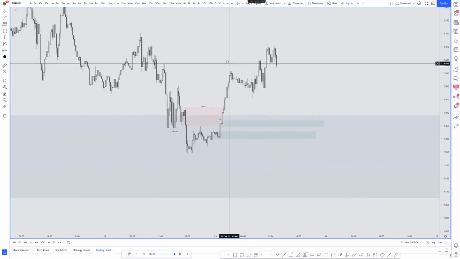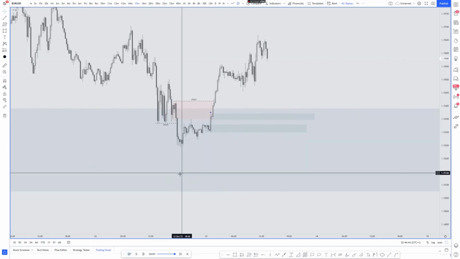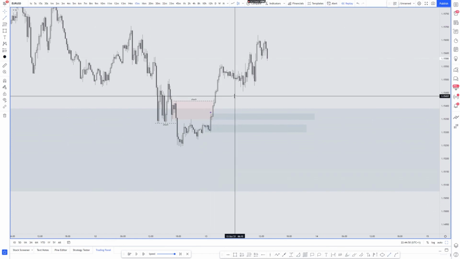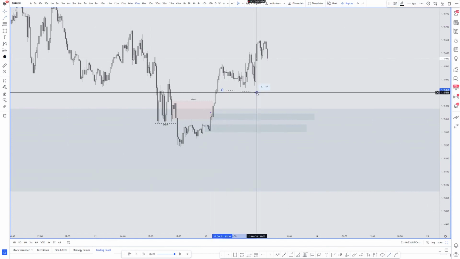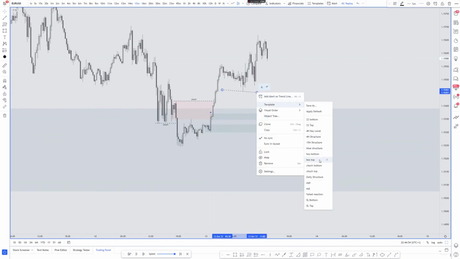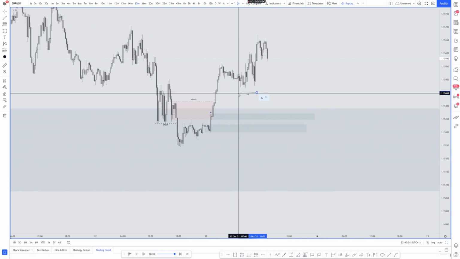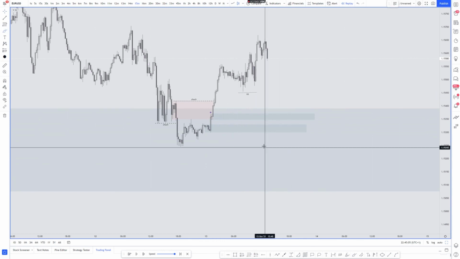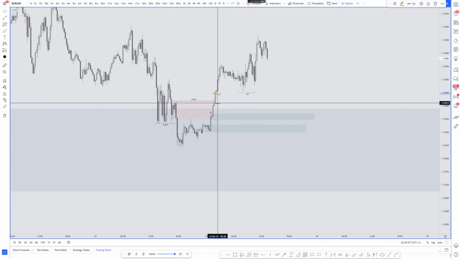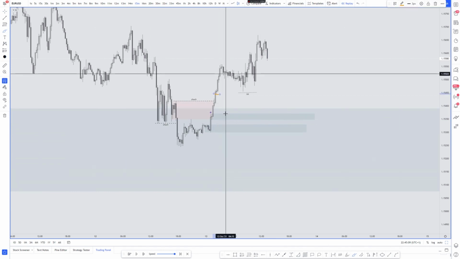Now, what I want to show you here too is what do you have sitting here? Right here we have liquidity, a form of inducement you could even say, which would be our money. So this to me would probably be more or less liquidity, whereas this little area here would be more or less inducement.